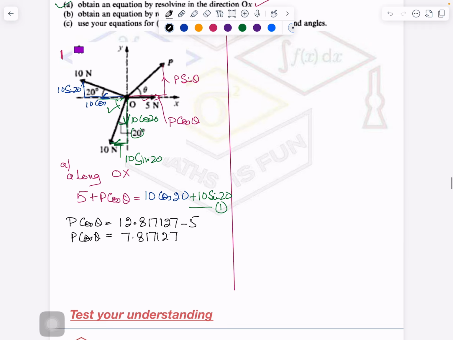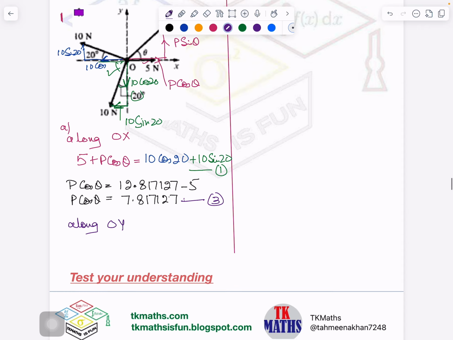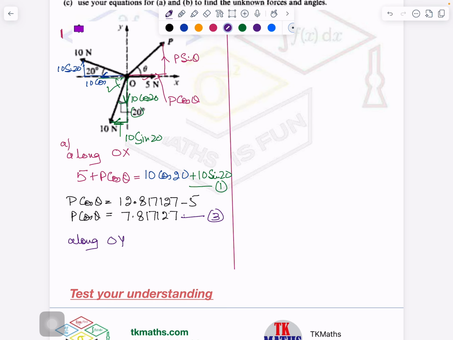Now let's resolve it along OY. Okay. So I'm calling it equation 3. Why 3? Why not 2? Because the one I will get along OY, I will call it 2. Okay. Anyway, that is not an issue. You can give any name to anything. Now along OY, if I see which forces are acting upward, it is this one, right?